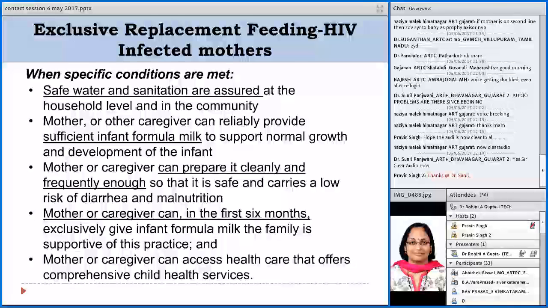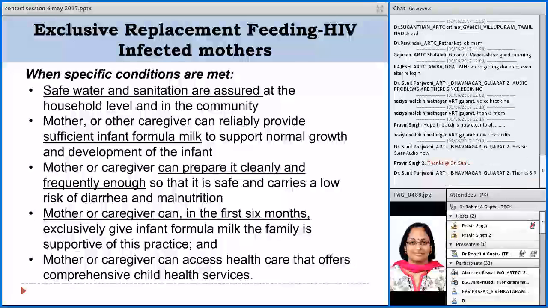So these are basically the AFASS criteria made into a simpler form: safe water and sanitation. The mother has sufficient infant formula milk. In India, we use animal milk, which can support normal growth and development of the infant. The mother or caregiver can prepare it cleanly and frequently and store it properly.